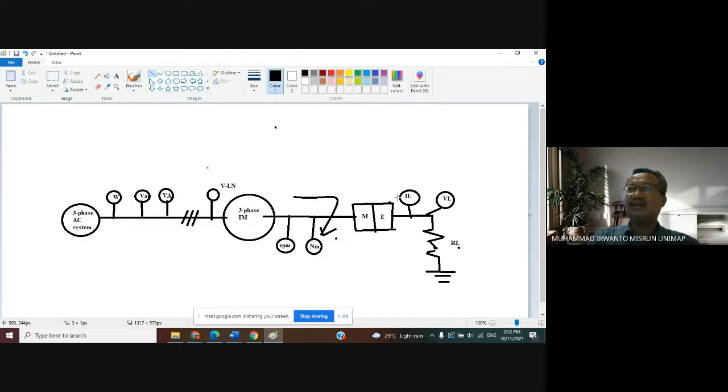For various RL here, we can obtain the various parameters. And then we can draw the curves of, for example, watt versus speed, PA versus speed, VAR versus speed, output power versus speed, and the others, to achieve objective one.